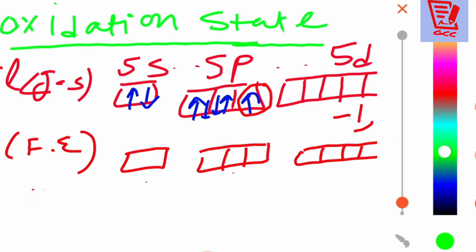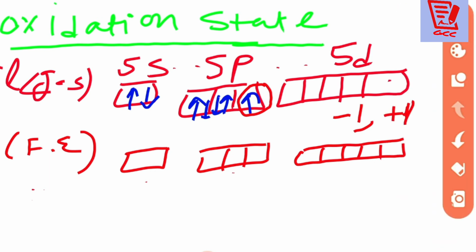Here 1 electron will be promoted from the p. Then it will become like this. One electron has been promoted. Now how many unpaired electrons are there? 3. So that is why its oxidation state will be +3.